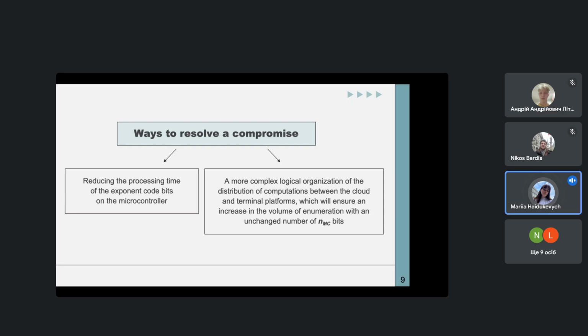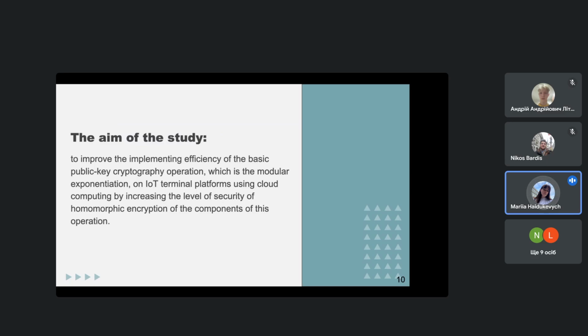It is the latter of these ways that forms the basis of the study offered to your attention. The aim of the study is formulated accordingly, presented on this slide.